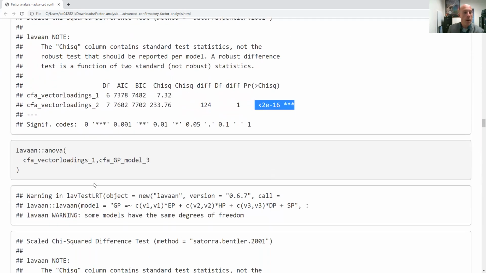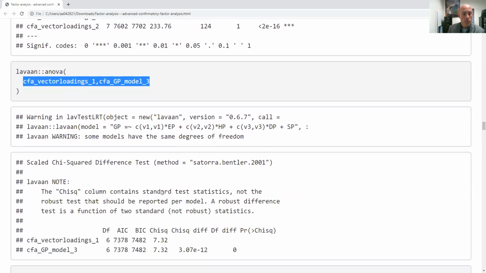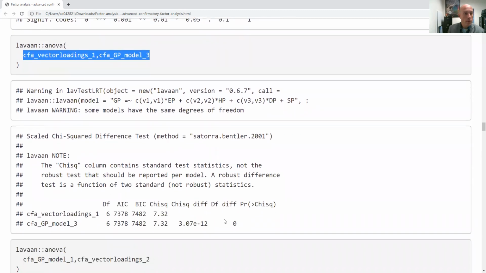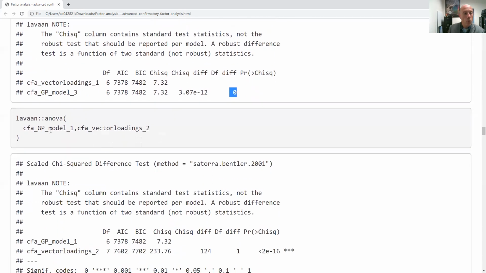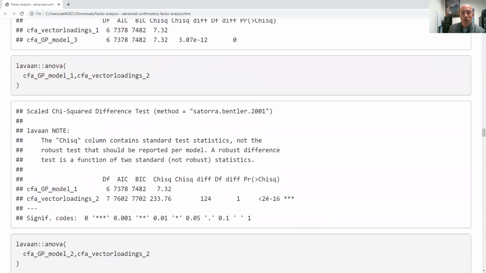Now, if I want to compare vector loadings 1 with the third model that we built up, these are not comparable to each other. Now, if we do model 1 with vector loadings 2, we see that it's statistically significant.